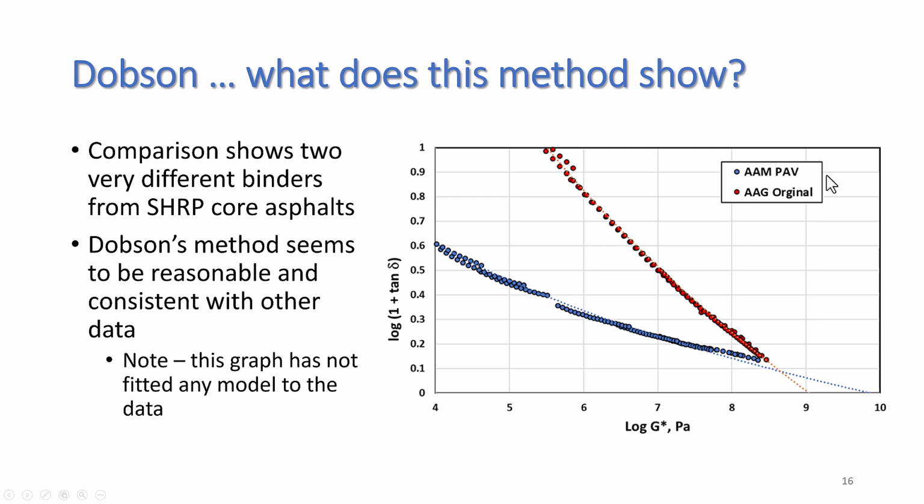AAM is a very structured binder, and AAG is that California low asphaltene content binder. You can see the intersection here would be quite different for these two binders. The more structured binder clearly has a higher intersect, and it would suggest that it has a higher Glassy modulus.